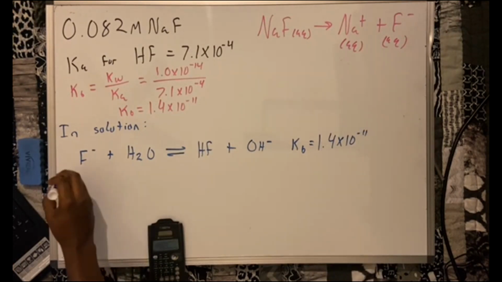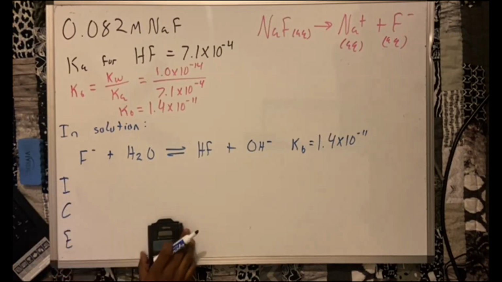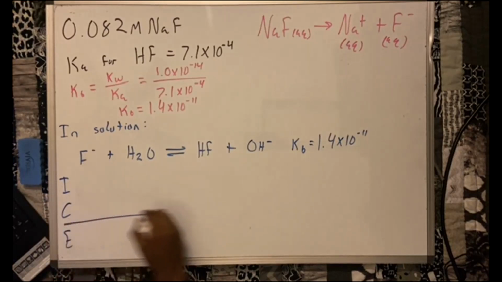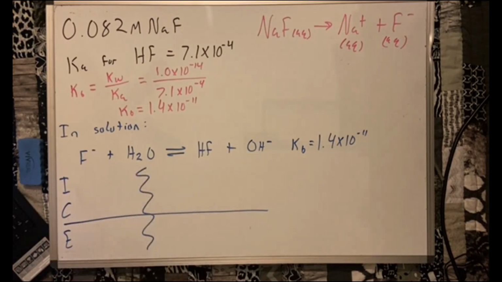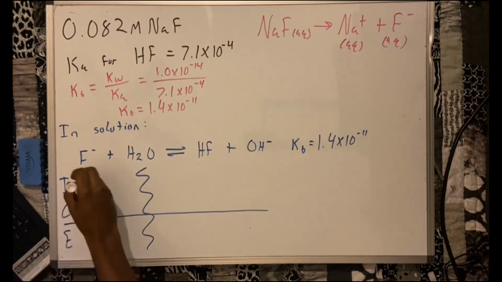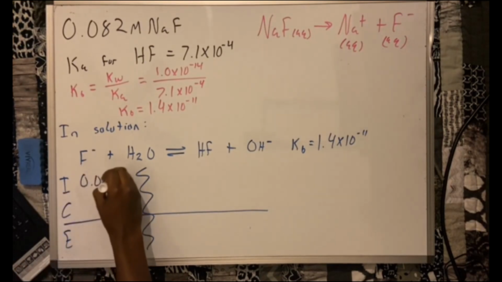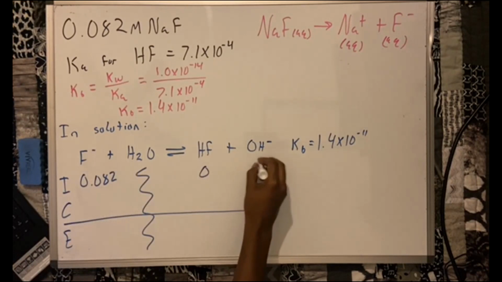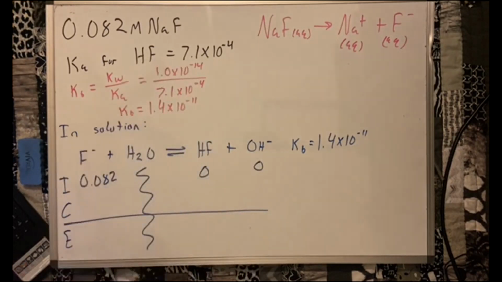All right, do our ICE table. Okay, don't care about water. What am I going to put for this initial amount right here? The 0.082. Correct. Okay, 0.082. And then 0 for those, as we usually do, because there's no mention of those.